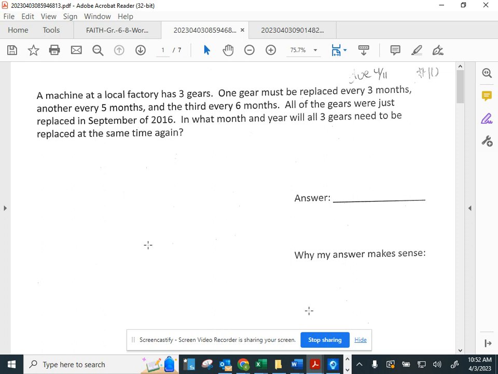So the way that I found to do it that was the easiest for me, there are multiple ways you can answer this. My easiest way to look at it was I wrote out my calendars. I started at September, so the year 2016, and I started with September, October, November, December.